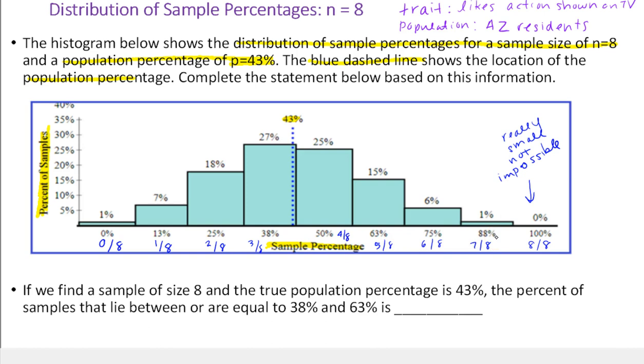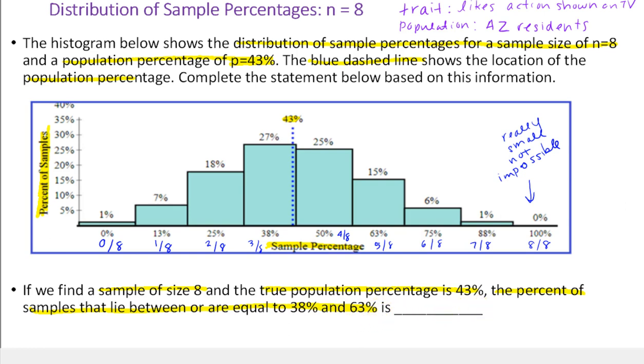Now the question we're going to do right here is pretty simple, but I think it's good, instead of just saying add these three numbers, to try to get a feel of why we're doing what we're doing and where it's coming from. So the question says, if we find a sample of size 8 and the true population percentage is 43%, so basically we're finding one sample from all of these possible samples, the percent of samples that lie between or equal to 38% and 63% is blank.